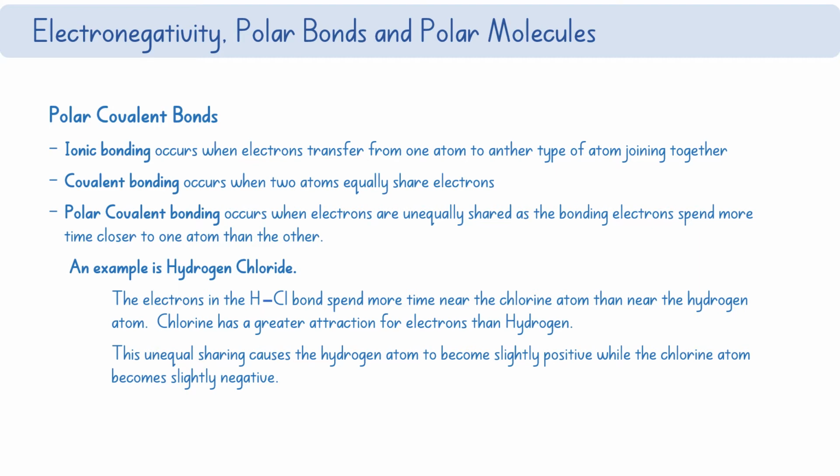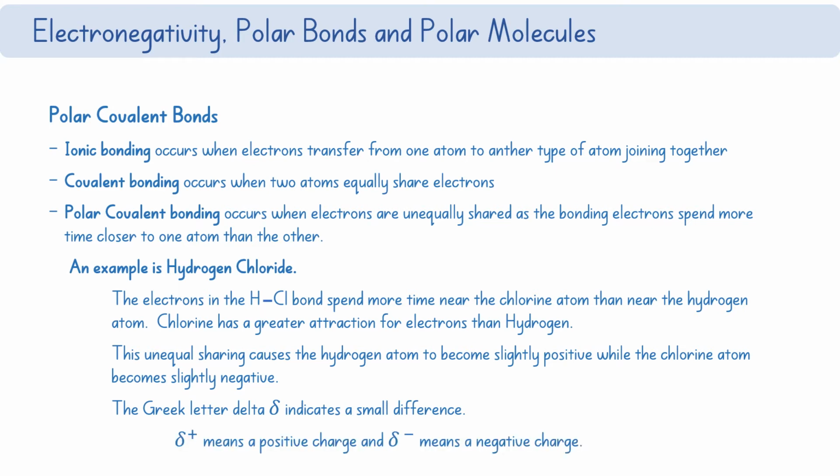This unequal sharing causes the hydrogen atom to become slightly positive, while the chlorine atom becomes slightly negative. The Greek letter delta indicates a small difference. Delta positive means there's a positive charge, and delta minus means that there is a negative charge.